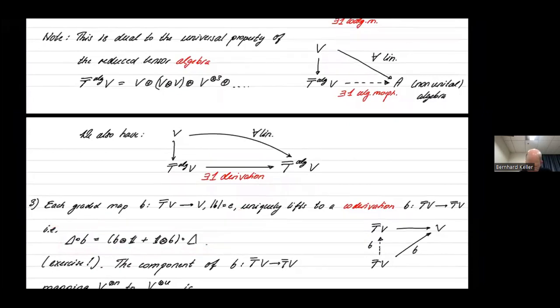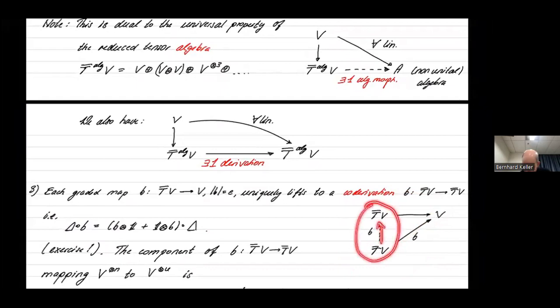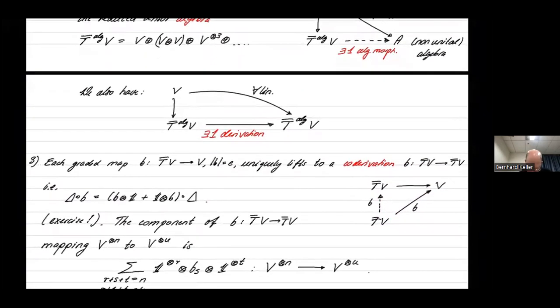So given this map from T̄V to V, we can lift it to a co-derivation from T̄V to T̄V, and we can make this explicit; it has components.